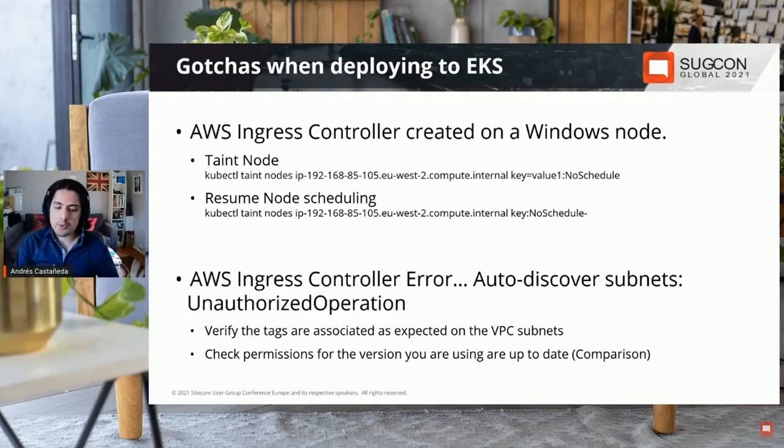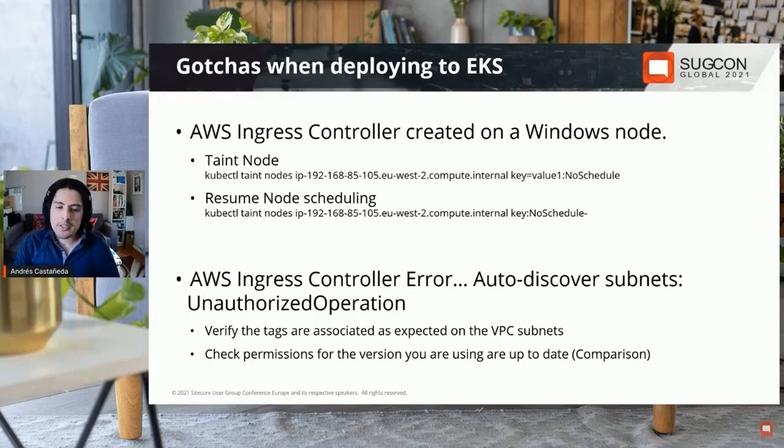The taint command will exclude nodes from getting pods created on them. Whenever you apply a change, it will create a pod on whatever worker node is available, so you want to exclude your Windows nodes from receiving pods and force it to be created on Linux.